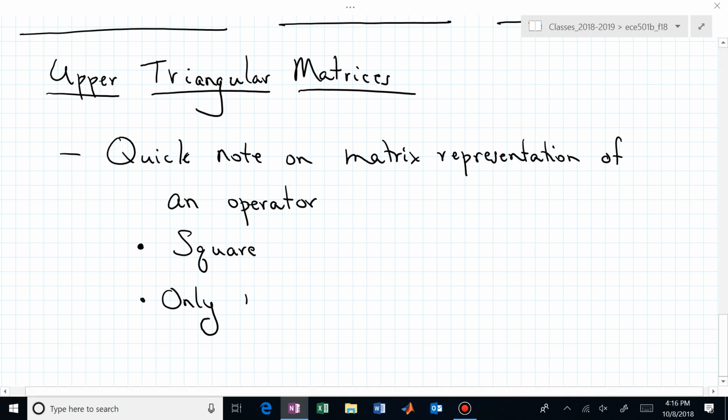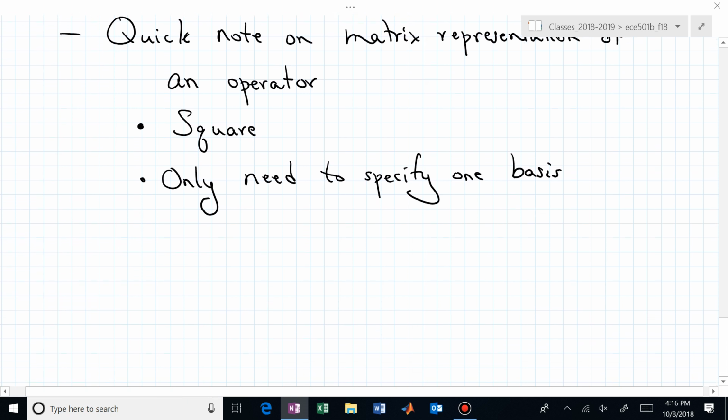So we only need to specify one basis when we're dealing with an operator. But we're probably looking for, in this case, a basis that gives us a nice matrix representation.